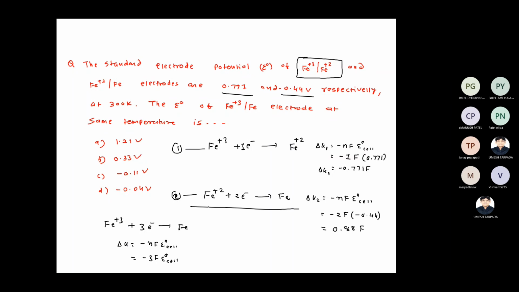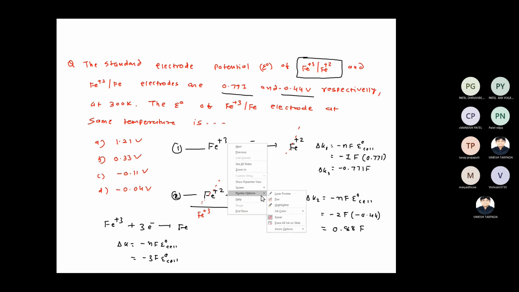So Fe plus 3 plus Fe plus 2, if you do the summation of these two, Fe plus 2 is cancelled out on both the left hand side and right hand side.